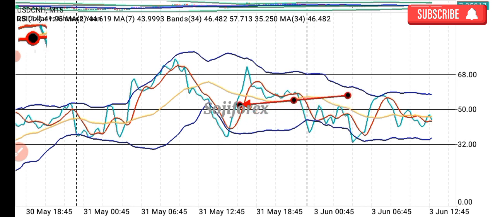Also, whenever you see a space, like a distance, this separation you are seeing now between the price line and the signal line, it also shows us how far the market is going to move over time in that particular direction.